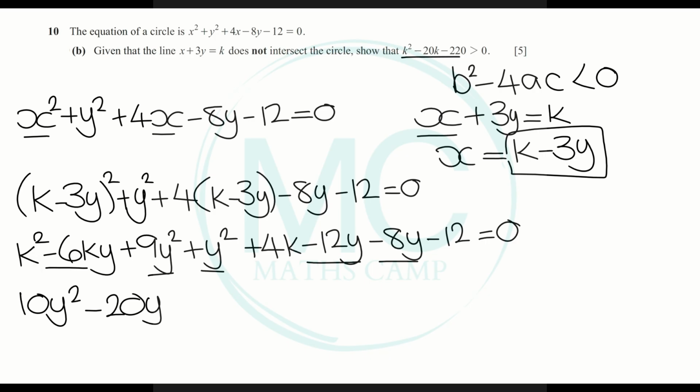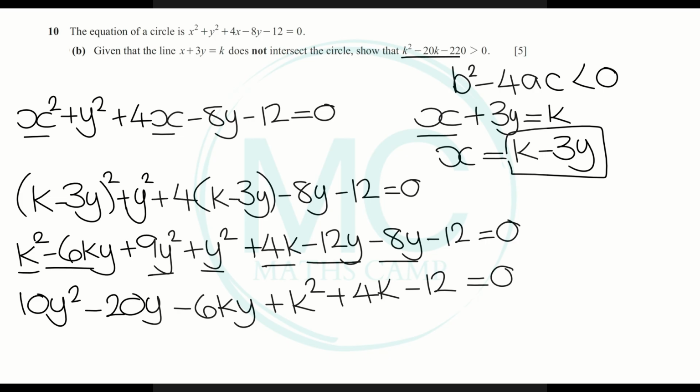I have negative 6ky, so minus 6ky. And now I can look at my constants, any values that do not include y. I have k squared, so I can say plus k squared. I have 4k, so I say plus 4k, and negative 12. And I can make this equal to 0.